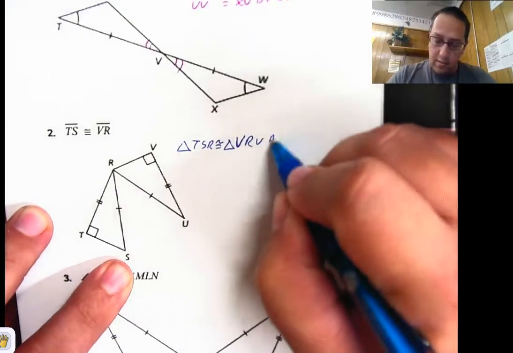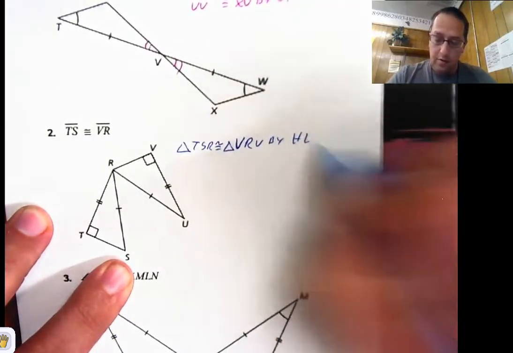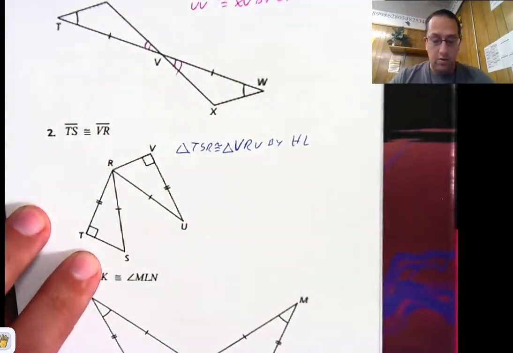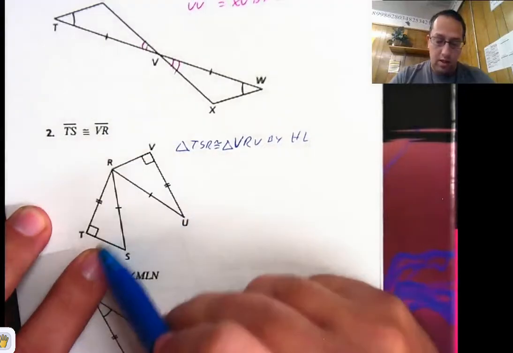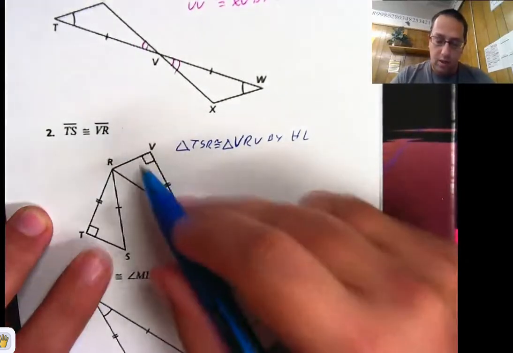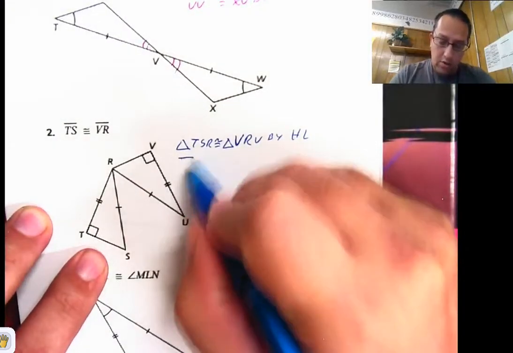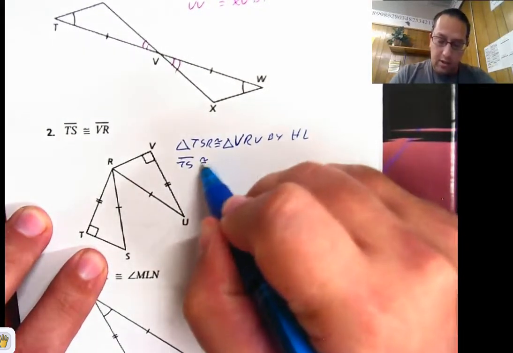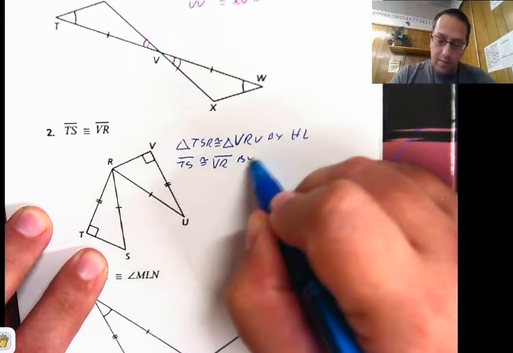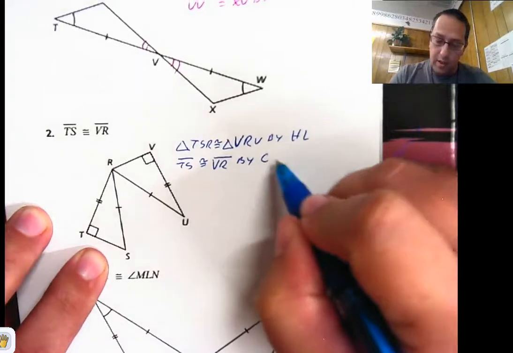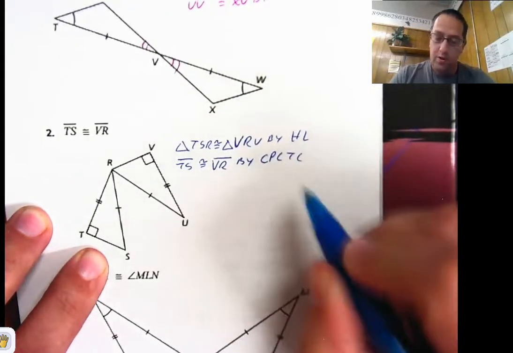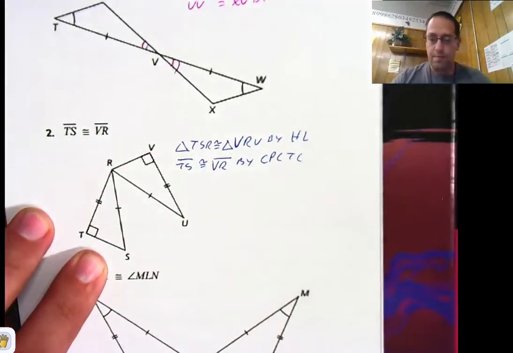And this is by hypotenuse leg. Okay. So now that I know the triangles are congruent, I can conclude that this side of the triangle is congruent to that side of the other triangle because they correspond to each other. So segment TS is congruent to segment VR by CPCTC. CPCTC. Corresponding parts of congruent triangles are congruent.